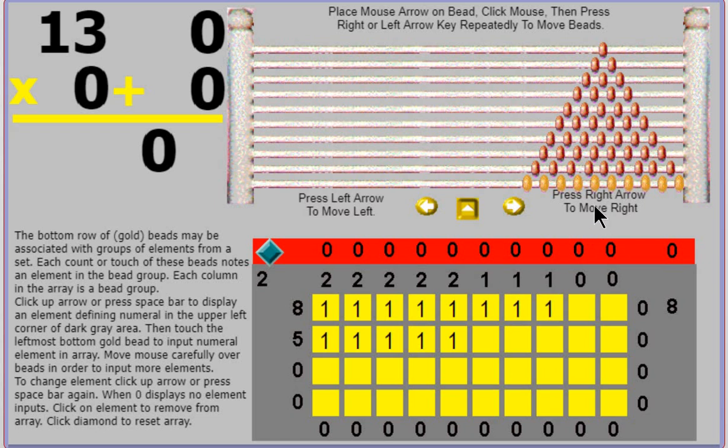And so I will push those beads over to the left post.